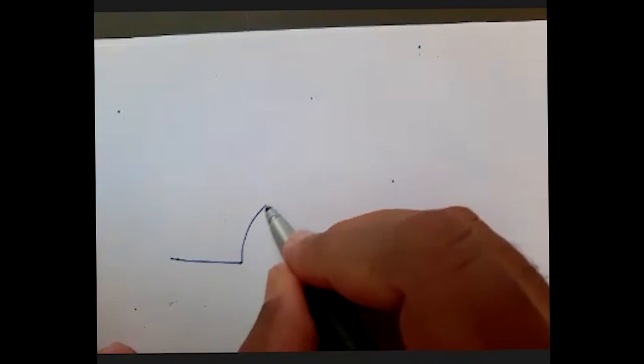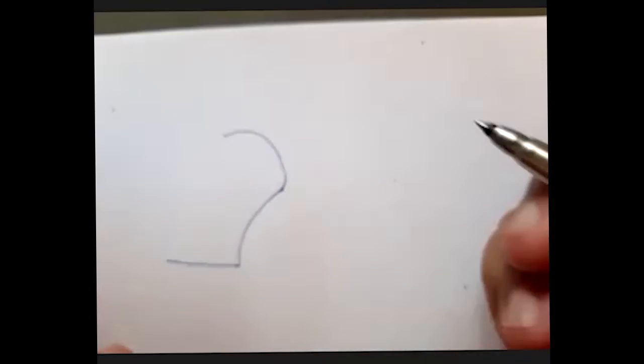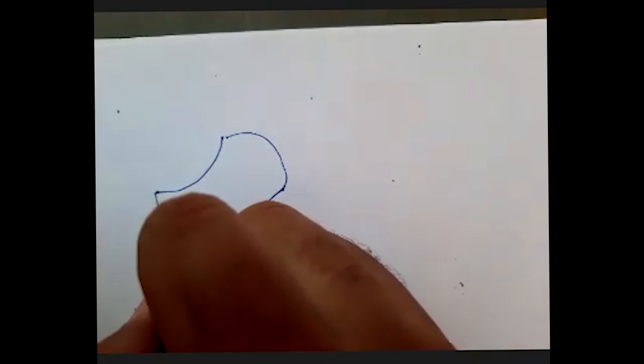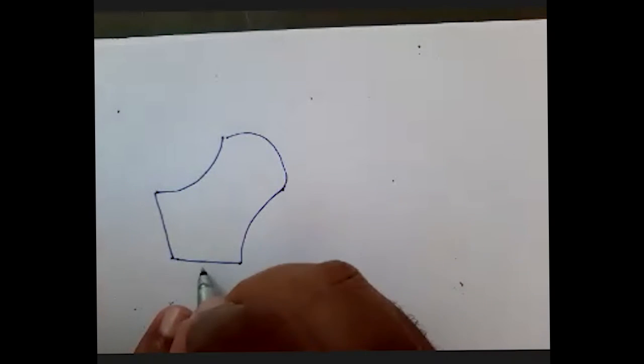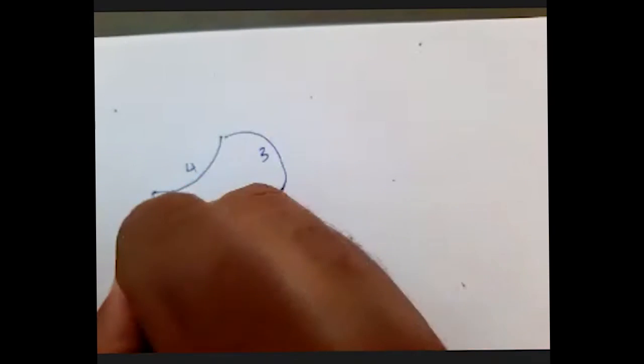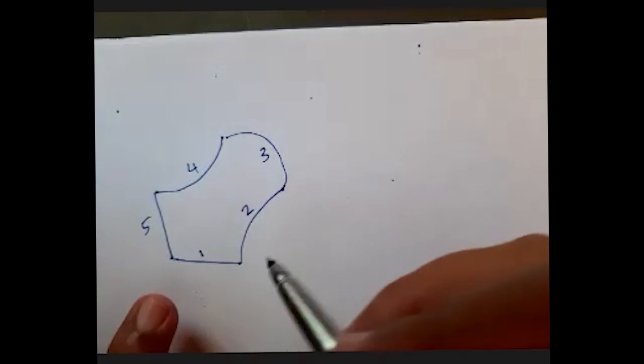Let the surface elements be anything. Say, for example, I have one surface which is flat, then one which is convex, then one which is concave, then one more convex, then a flat surface. Say I take these as surfaces 1, 2, 3, 4 and 5. Let it be any type of surface.